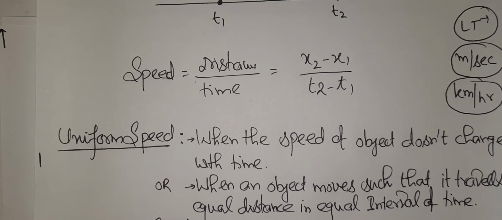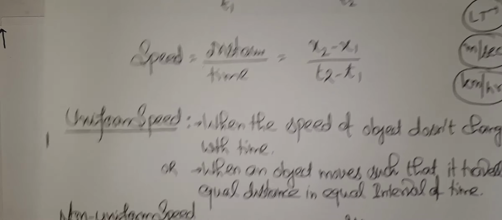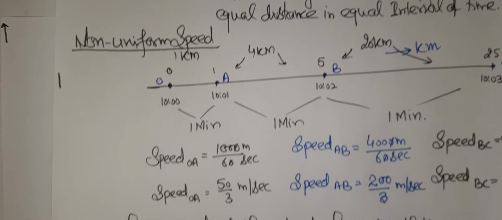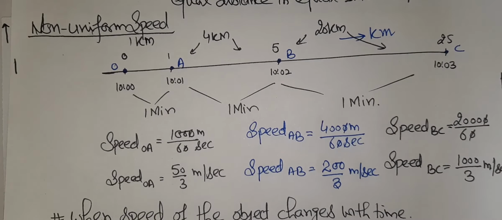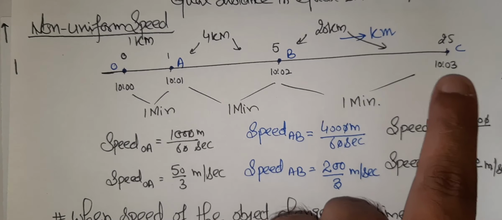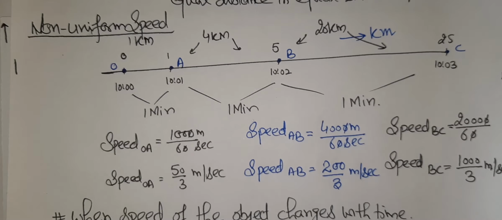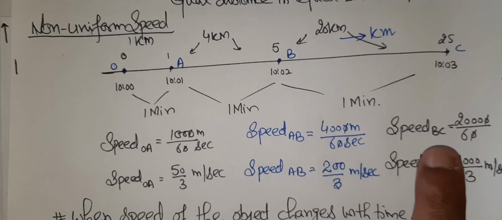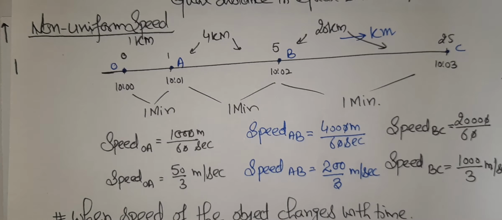Then we took non-uniform speed. We discussed that speed is non-uniform when unequal distances are traveled by the body in equal intervals of time, and we took these examples also.